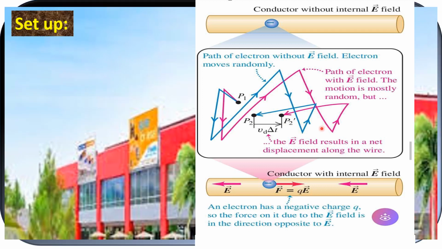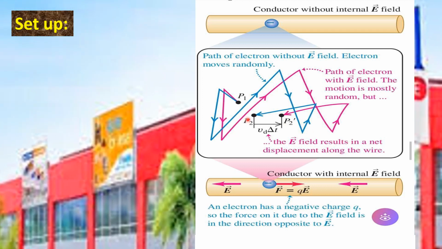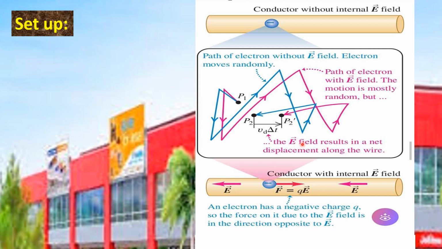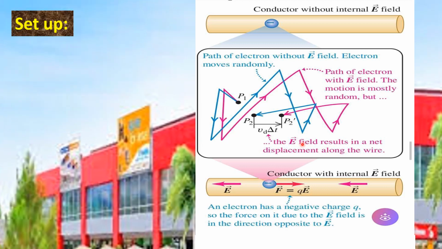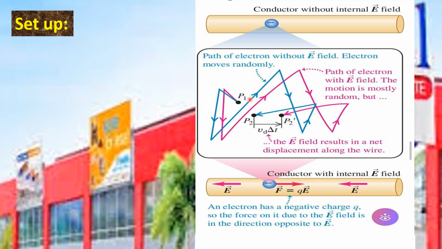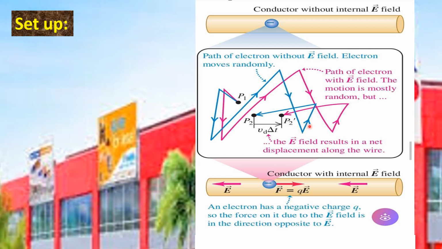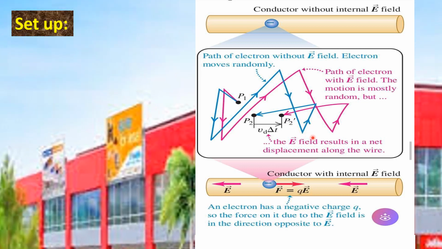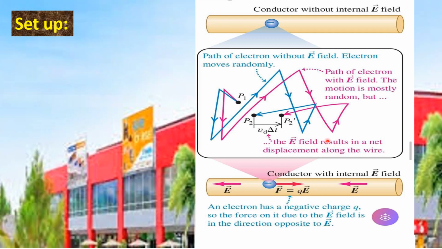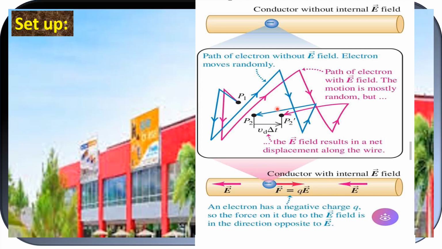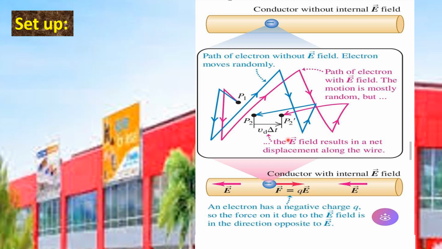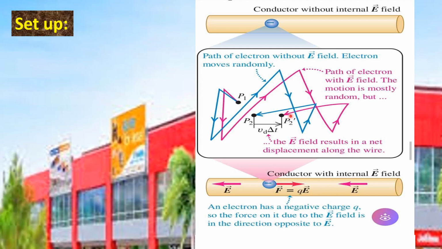We said that for the electron to be able to travel a distance of 1 meter in a given conducting wire, it would take 2 hours. That's how slow the drift velocity of the electron is when the conducting wire is subjected to an electric field.